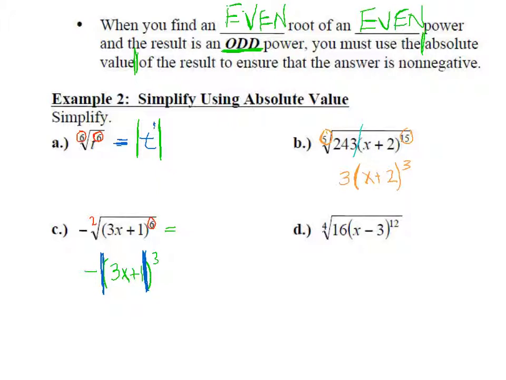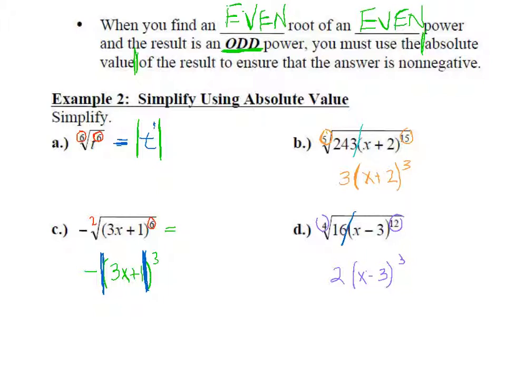So then finally for D, if we simplify this, we're going to end up taking the fourth root of 16, which is 2, and then we have x minus 3 in parentheses, and we're going to take 12 divided by 4, which will give us a 3.